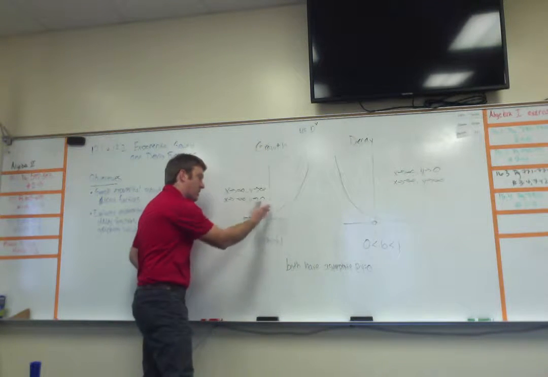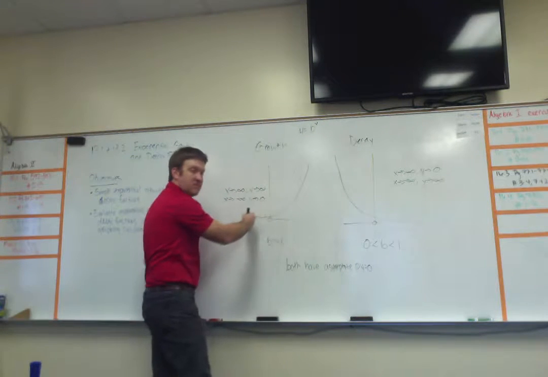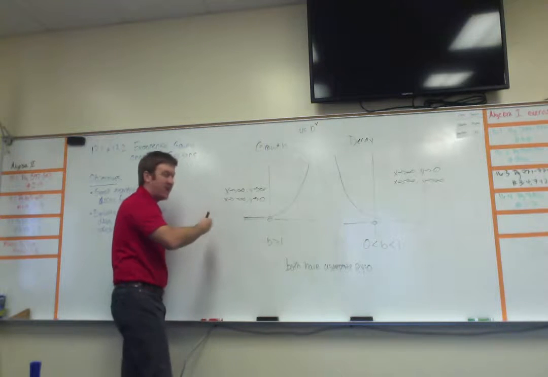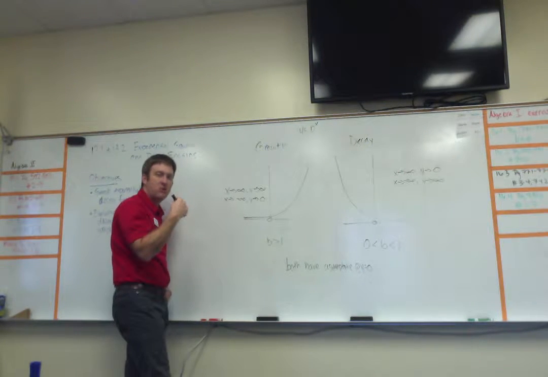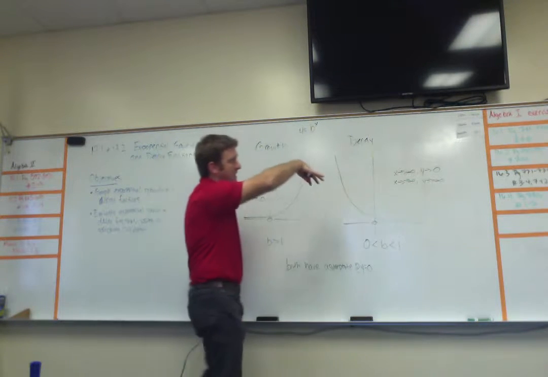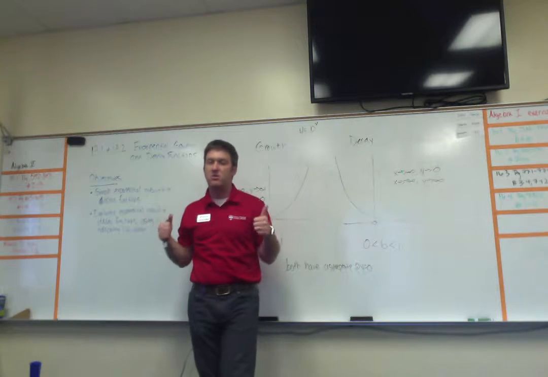Okay? Because as I go left, so if I go right, I'm multiplying by b. If I go left, I'm dividing by b. Right? And when I divide, I'll never actually get to 0. I'll just have a smaller and smaller fraction of the numbers I'm dealing with. Now, a decay function is if our b value is between 0 and 1, so it's a fraction.